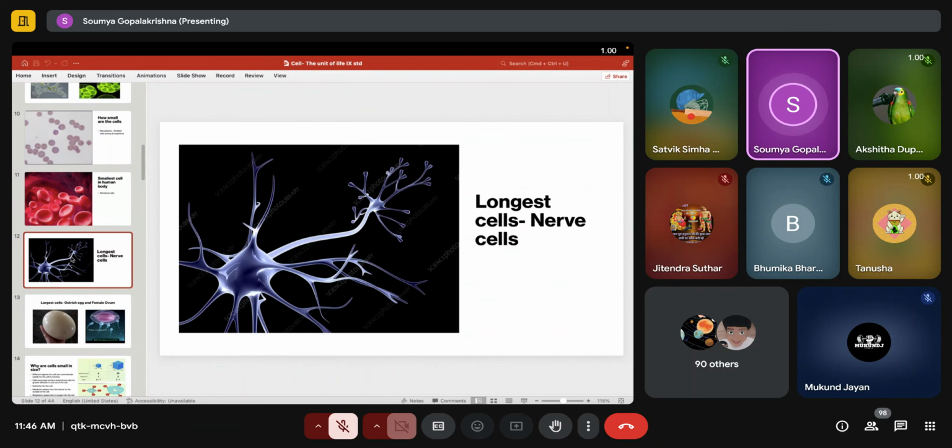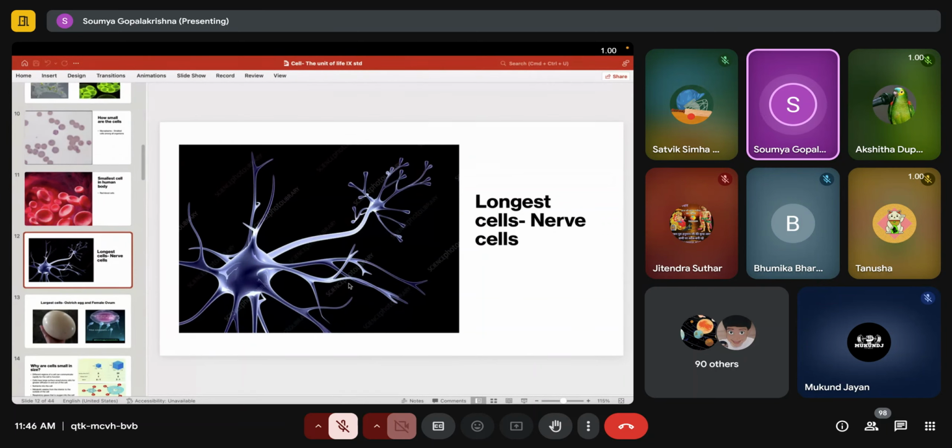Now, coming to the longest cells. The longest cells amongst all higher organisms are the neurons, or the nerve cells. Take the giraffe: the head is small, but it has a very long neck.